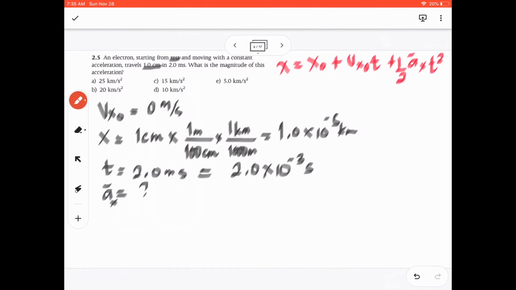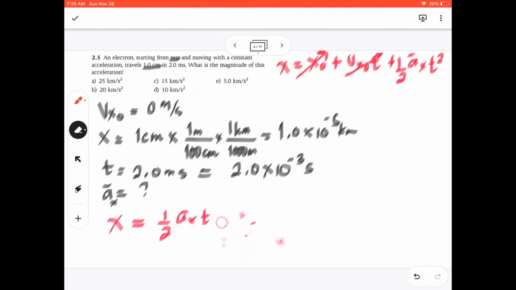Xo is 0 because it starts from the origin. Vxo is 0, so this will become 0 as well. Therefore, our final equation will just be x is equal to 1/2 ax times t squared, where ax is not given.